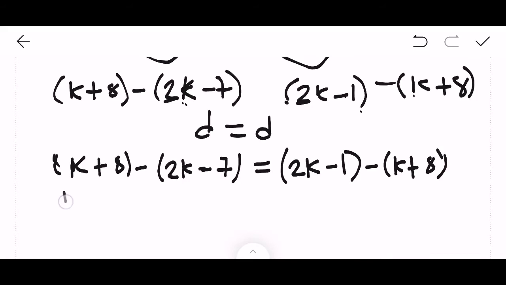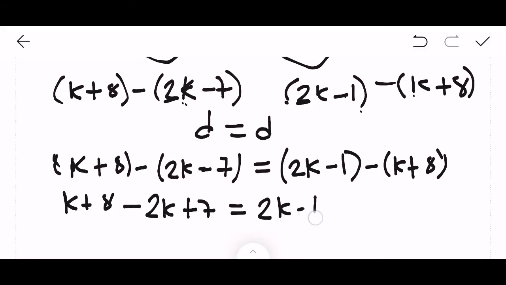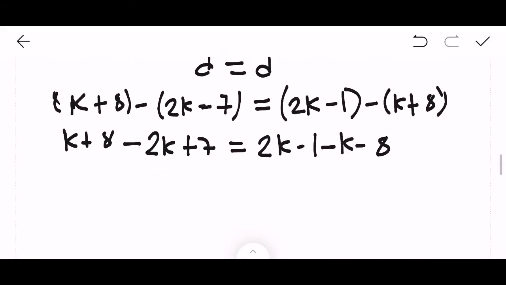So we have k plus 8 minus times that, so we have minus 2k plus 7 equals 2k minus 1 minus k minus 8. So now we need to take everything to the left hand side and look for like terms.